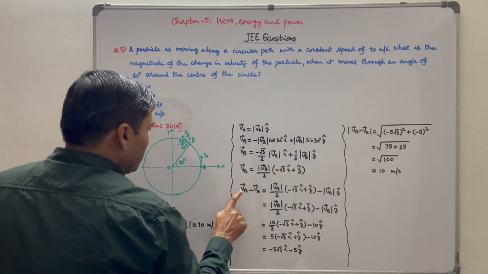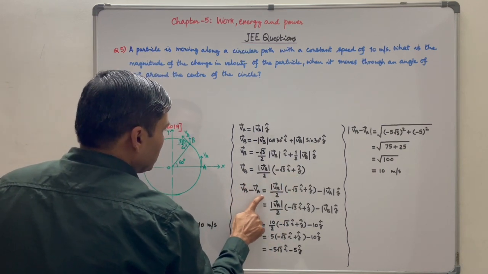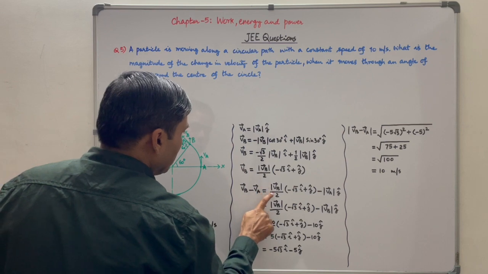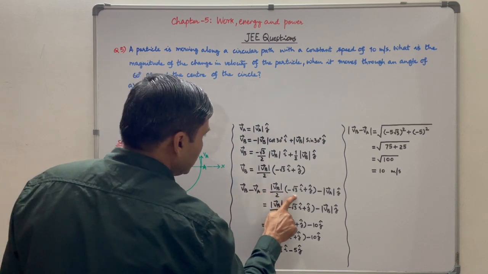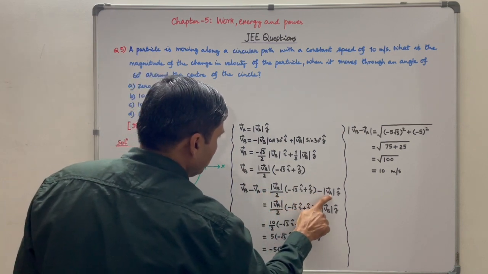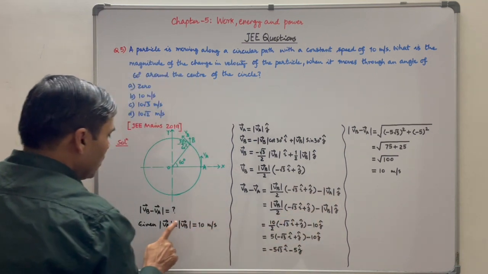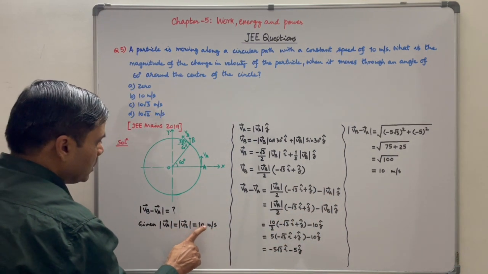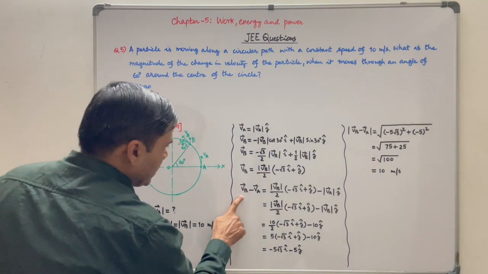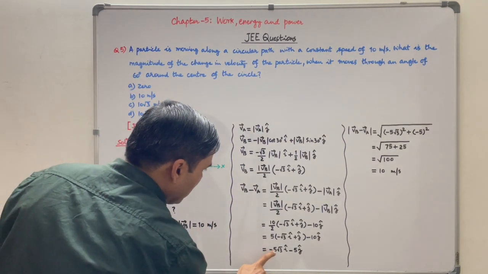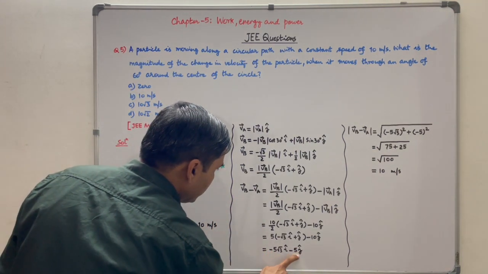So vector Vb minus vector Va will be equal to magnitude of Vb upon 2 into (minus root 3 i plus j) minus magnitude of Va j. Put mod Va is equal to mod Vb is equal to 10. So Vb minus Va can be simplified as minus 5 root 3 i minus 5 j.